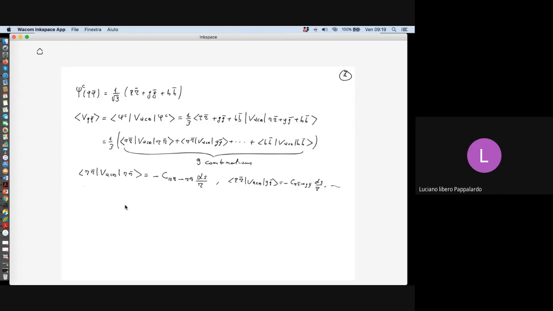So now we can put everything together, and we extract our expectation value for the QQ bar non-relativistic potential.